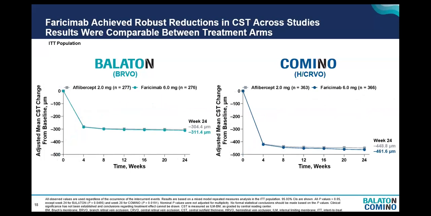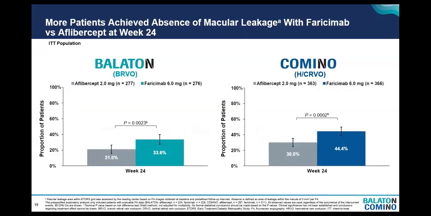If you look at the OCT findings across both studies, again, starting at baseline, coming all the way to week 24, the reduction in the edema is 304, 311, as opposed to in the Comino, 448, 461. Pretty similar, okay? Now, adding a new paradigm, as we're talking about different paradigms being used, macular leakage has been found to be a good biomarker for letter gains when you're dealing with macular edema. Why is this so?